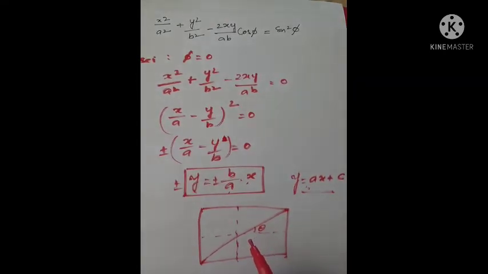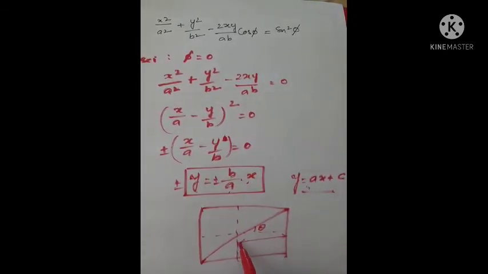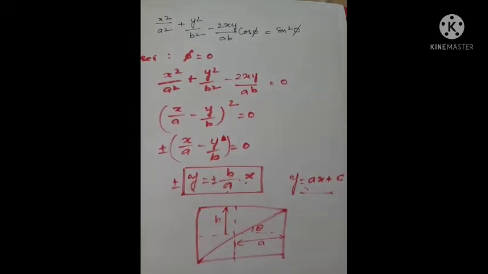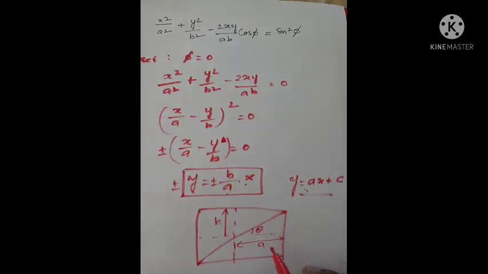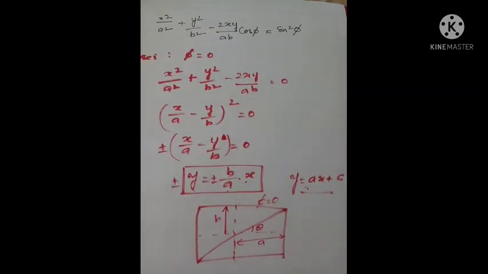So the resultant vibration is a straight line passing through the origin O. This is amplitude A along the x direction, this is B along the y direction. Here phi equals 0, the phase difference is 0.